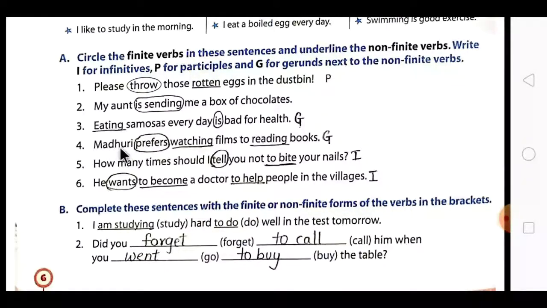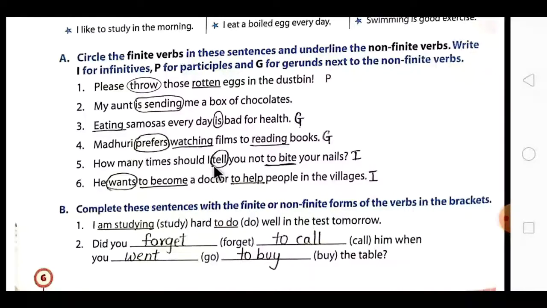The fourth one is, Madhuri prefers watching films to reading books. Now in this, prefers is a finite verb and watching and reading are non-finite verbs, and they are of which type? They are of gerund type. Now the fifth one is, how many times should I tell you not to bite your nails?